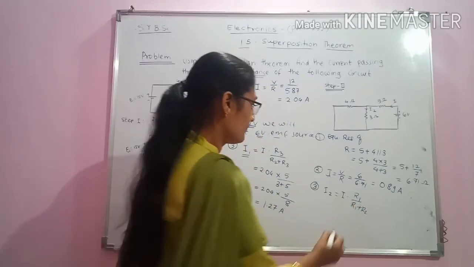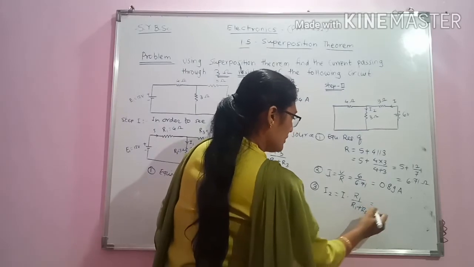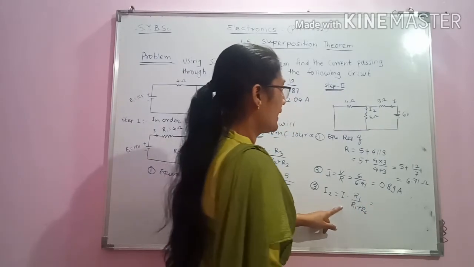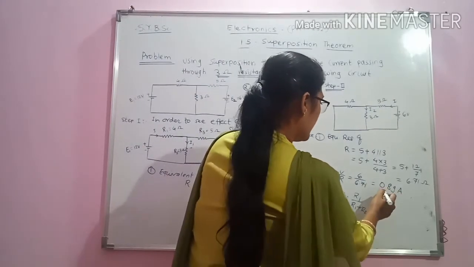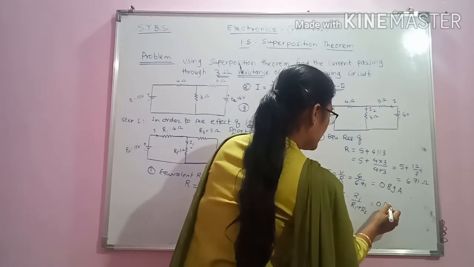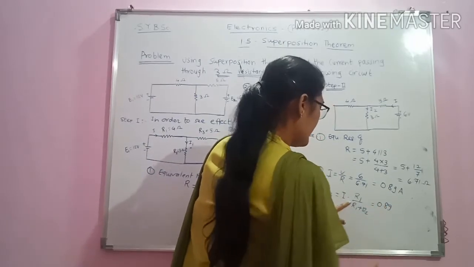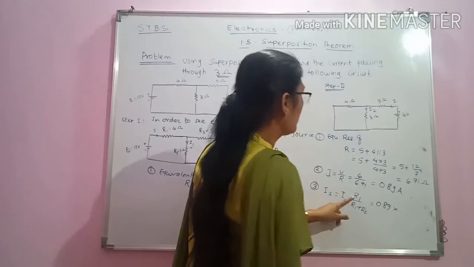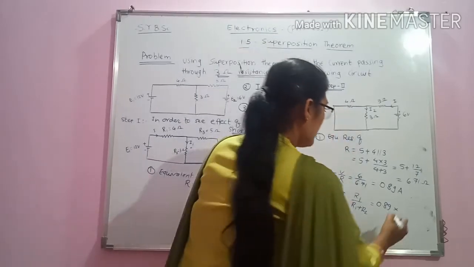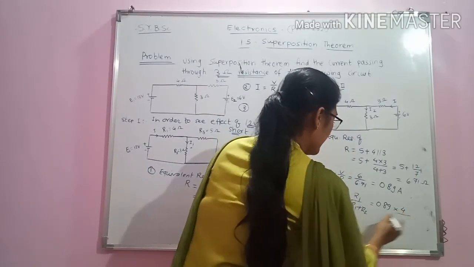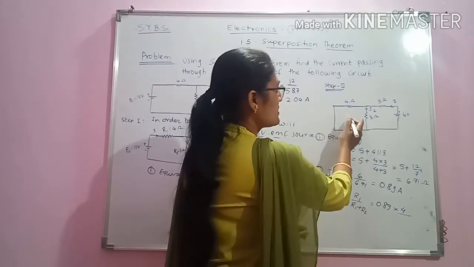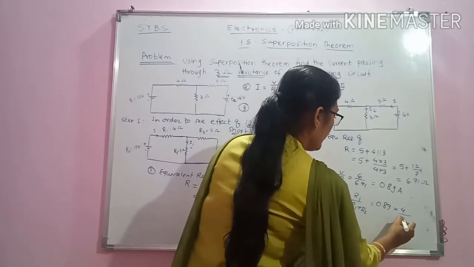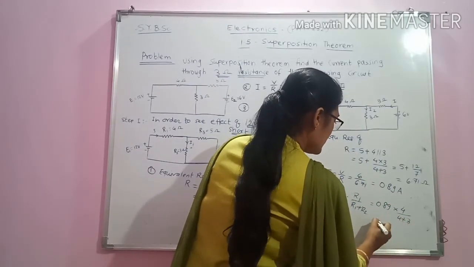That is, substitute the value of I we have calculated as 0.89 ampere into R1. R1 value is nothing but 4 ohm, divided by R1 plus R2, meaning 4 plus 3, which is equal to 7.